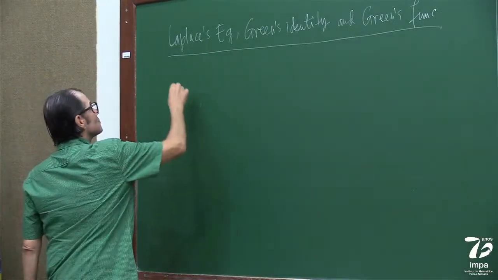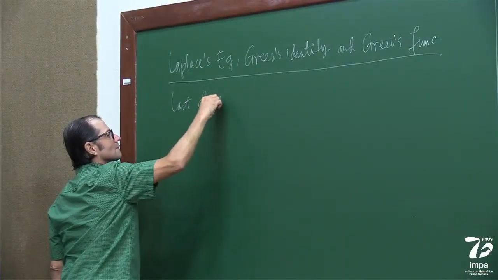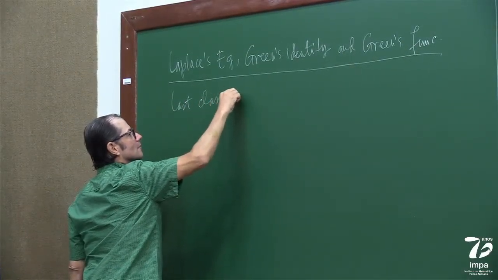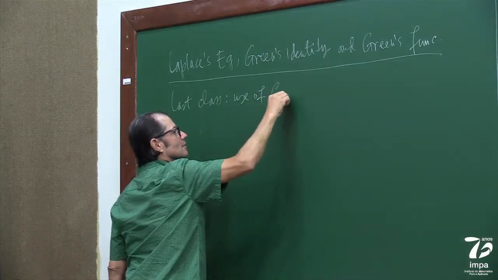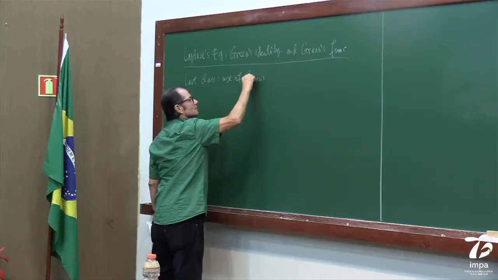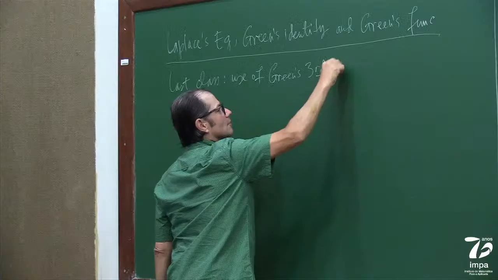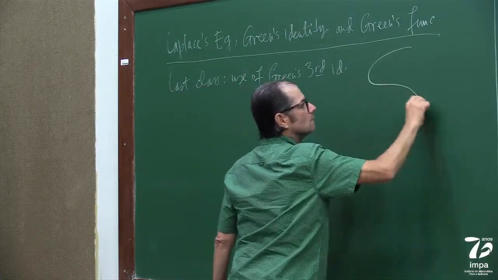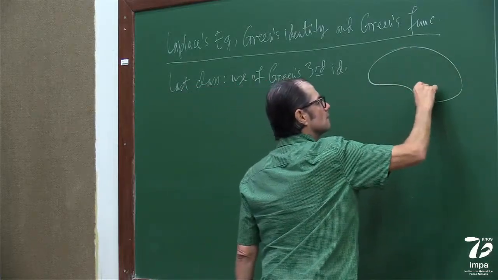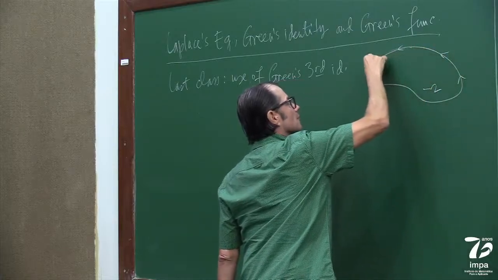So last class we saw something which I like a lot. The use of Green's third identity to deduce the following.